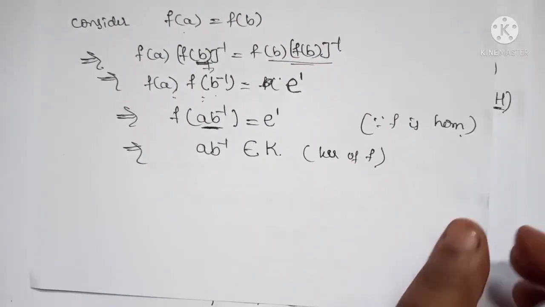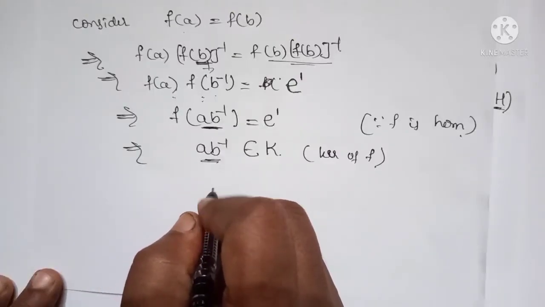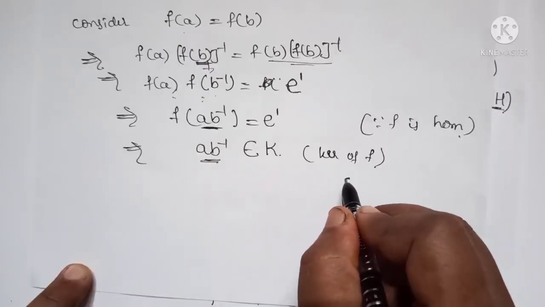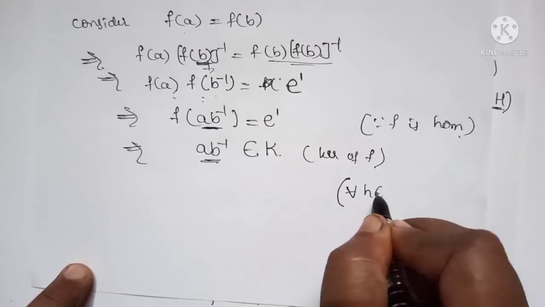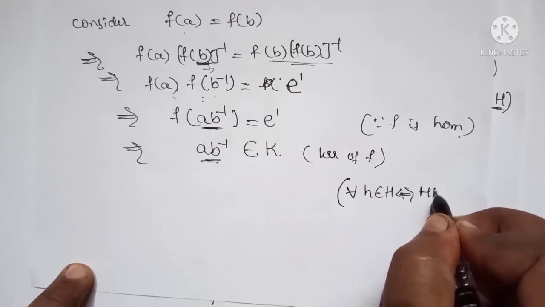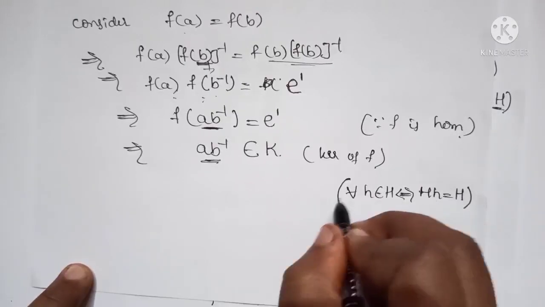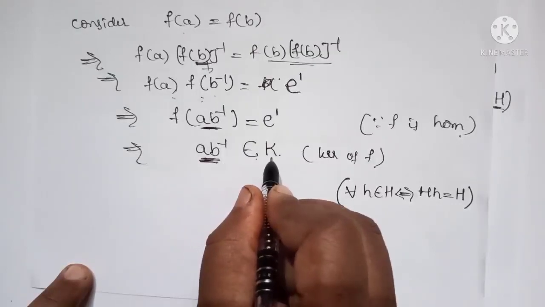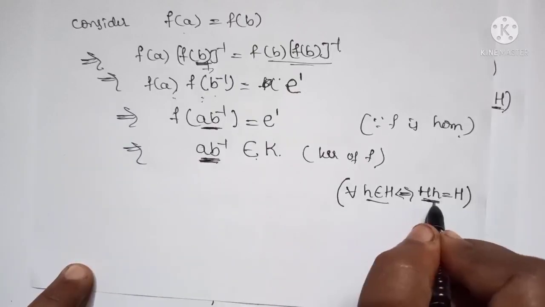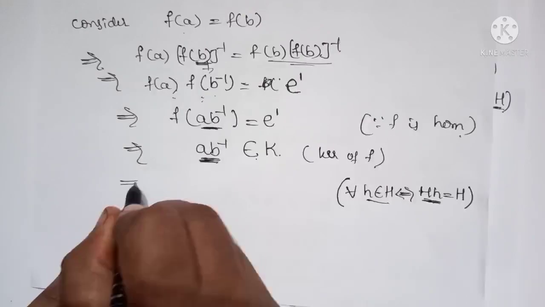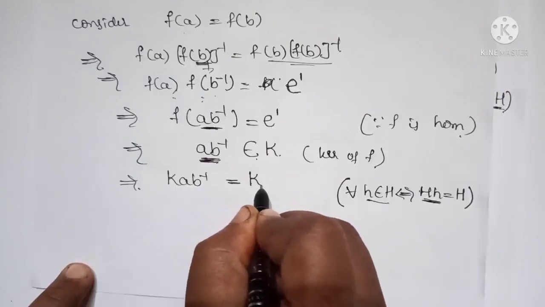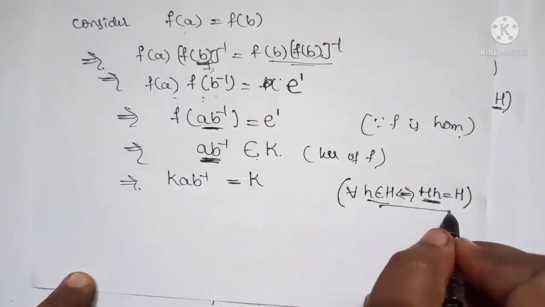Now if any element belongs to kernel K, and since again by this theorem, for all h belongs to H, we have Hh equals H. Therefore, since this element belongs to kernel K and K is a subgroup, it can be implied that K a b inverse equals K, by this theorem.